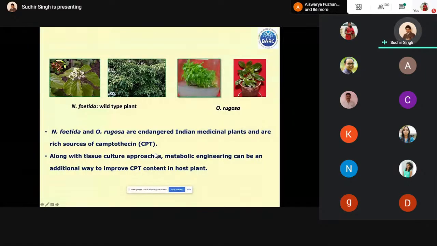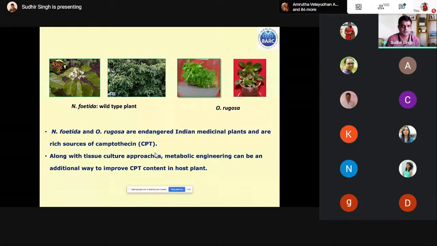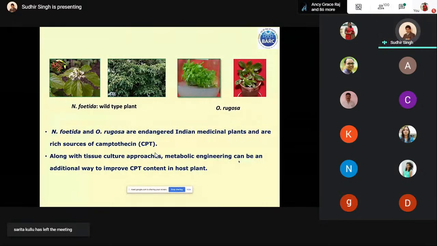Apart from using our conventional approach of tissue culture and allied things like hormone combinations, we can try to increase the yield. We can try different elicitation methods to increase the yield. And then comes metabolic engineering. So we try to explore whether metabolic engineering can be used in an additional way to improve the CPT content in the host plant.